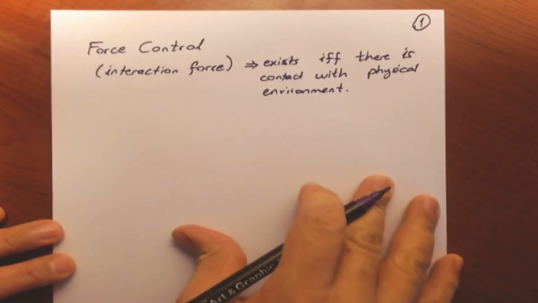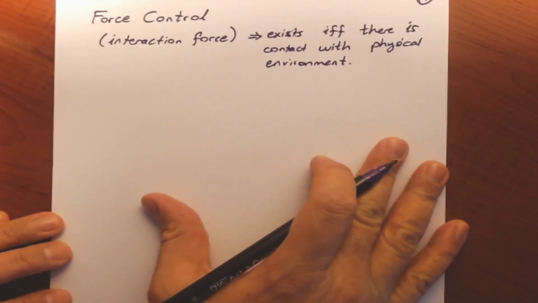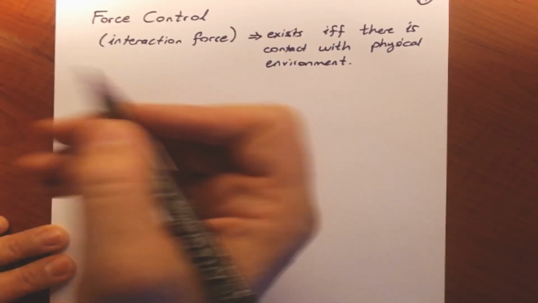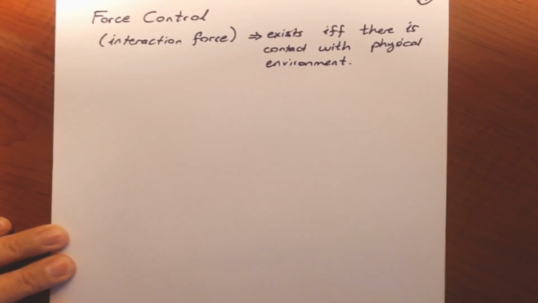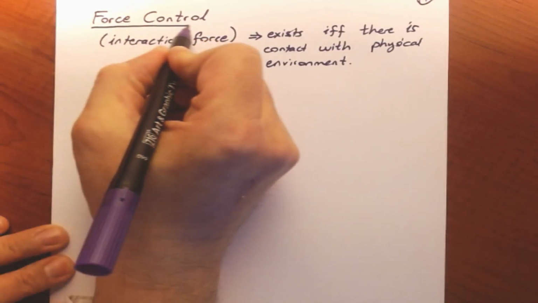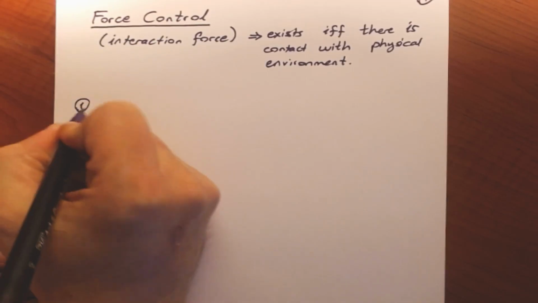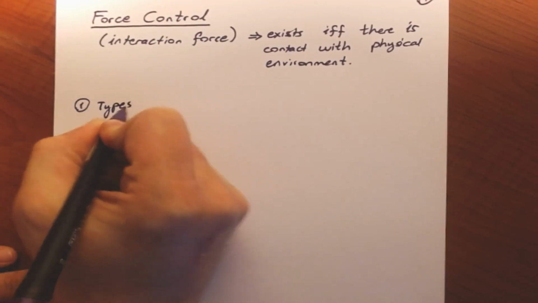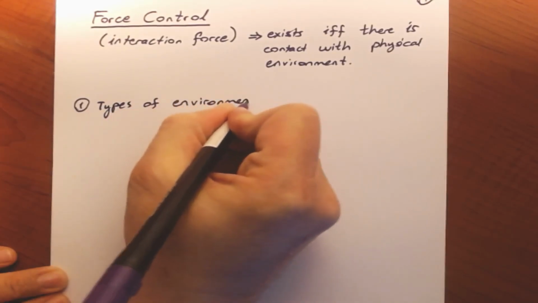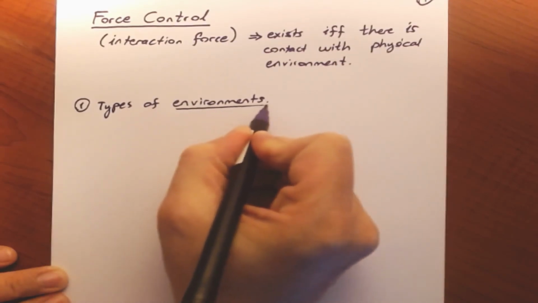So let us now slowly move towards the analysis of what different kinds of environments we might encounter when trying to control the force in a robot or, in general, in a motion control system. The lecture topic of today is the types of environment.